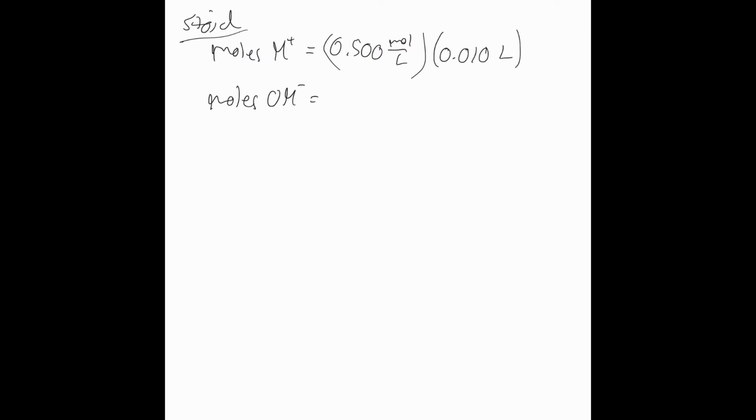Dividing by 1,000 and doing the math, this is 5.00 times 10 to the minus 3 moles. The moles of OH- was 0.500 moles per liter times 0.005 liters, because it was 5 milliliters. That's 2.5 times 10 to the minus 3 moles. So those are the two amounts of moles that we react originally.